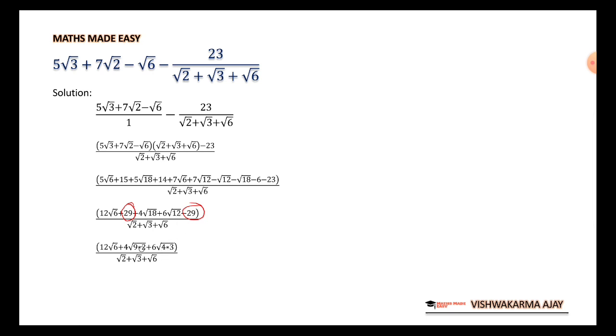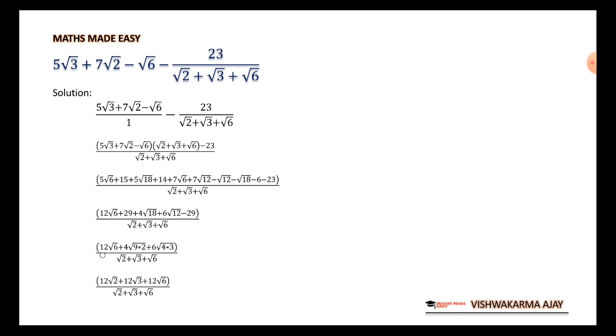I am just trying to break the roots so that no perfect square stays in the root. 9 is a perfect square and 4 is a perfect square, so we will take them out of the root. Root 9 out of the root is 3, and root 4 out of the root is 2. So 3 times 4 is 12, and 2 times 6 is also 12.